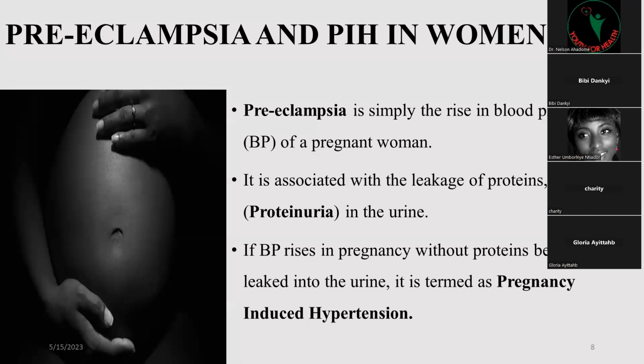If BP rises in pregnancy without proteins, then it is called pregnancy-induced hypertension alone. So when it is with proteins in the urine, then it is preeclampsia. So let's get the differences right.